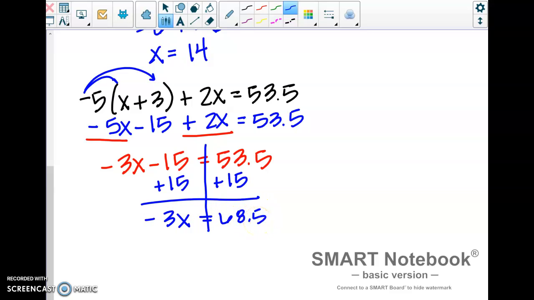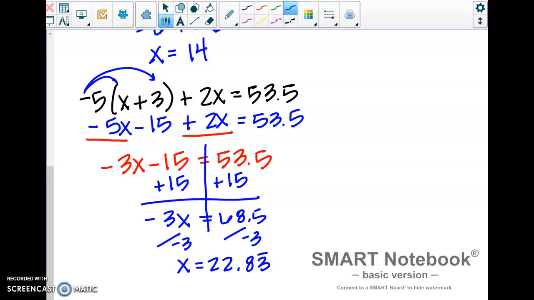To get rid of the negative 3, I'm going to divide both sides by negative 3, and I'm left with x equals 22.83, and the 3 repeats. It's a little bit messy, but okay.